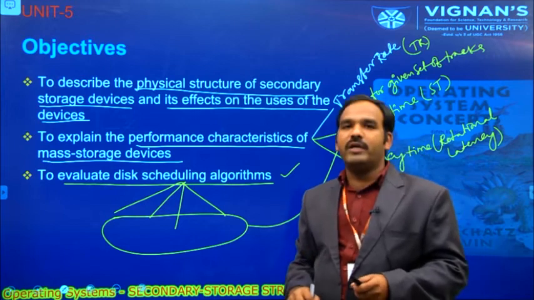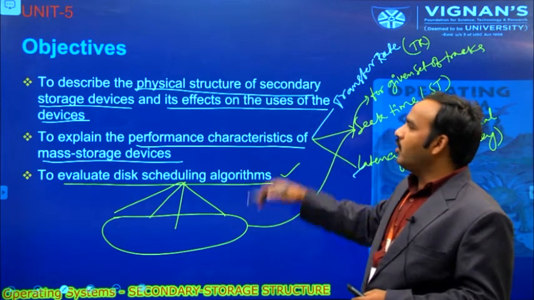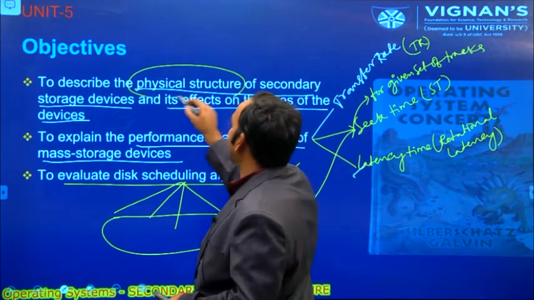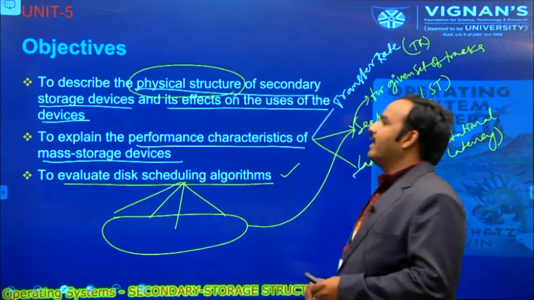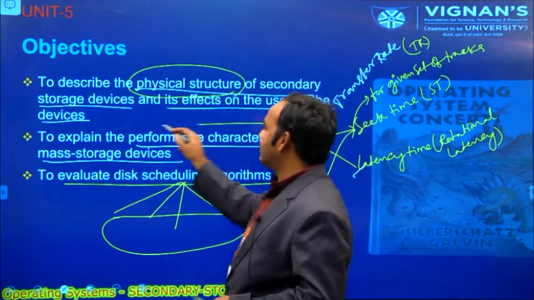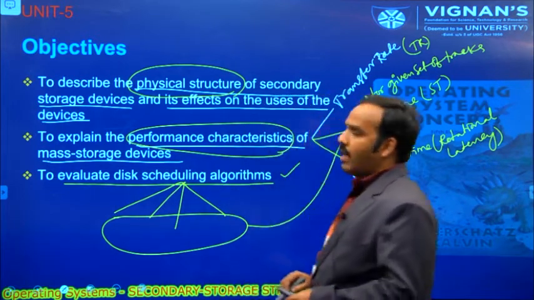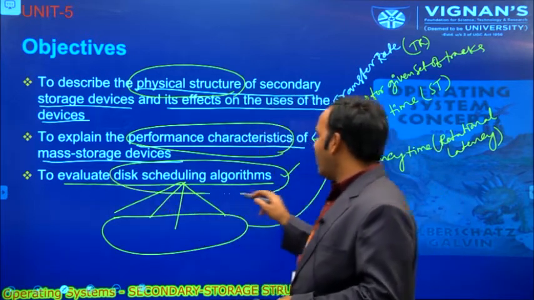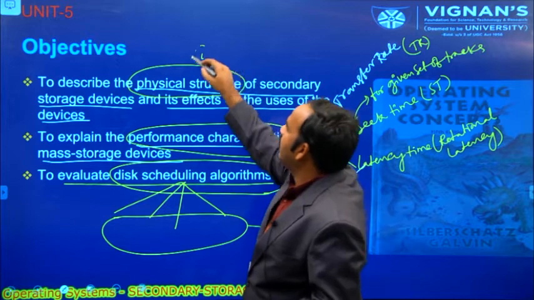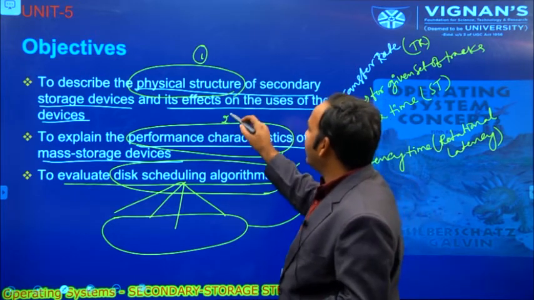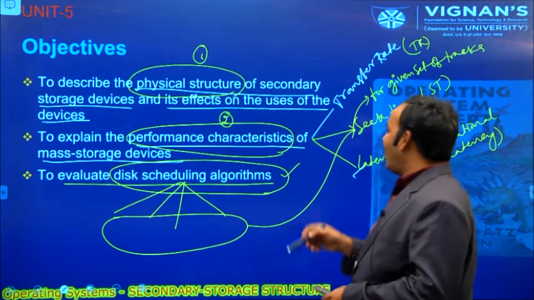So from this unit, we are going to achieve three objectives. First one is the physical structure of secondary storage devices, second one is performance characteristics, and third one is disk scheduling algorithms. So first is the physical structure of the disk, and second is what are the different performance metrics or characteristics.